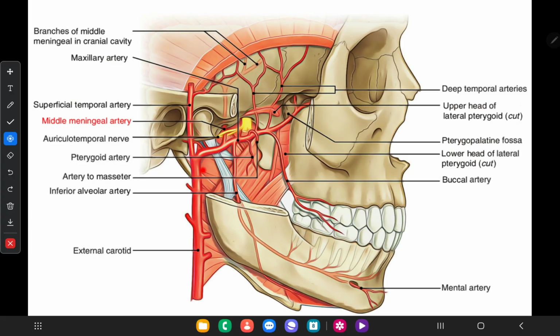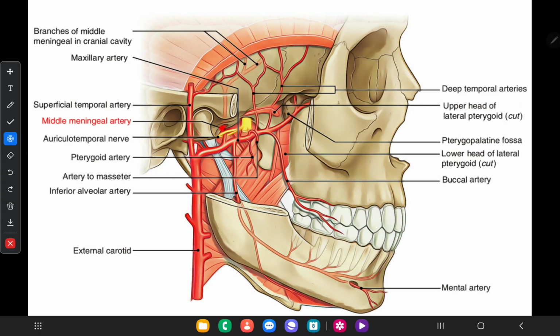Once it originates from the first part of the maxillary artery, it ascends towards the roof of the infratemporal fossa and enters the foramen spinosum. This is the foramen spinosum, and in the foramen spinosum, the middle meningeal artery is accompanied by the nervus spinosus, which is the meningeal branch of the mandibular nerve.